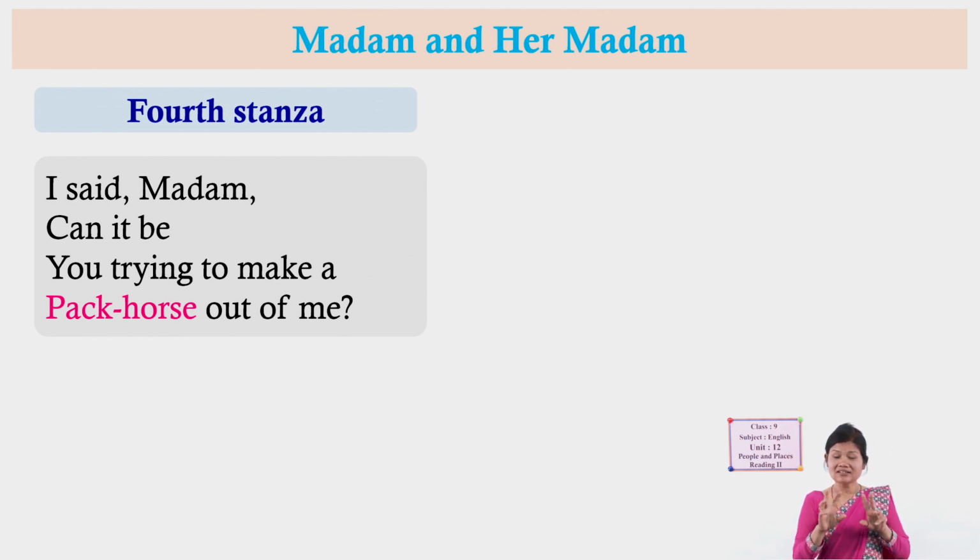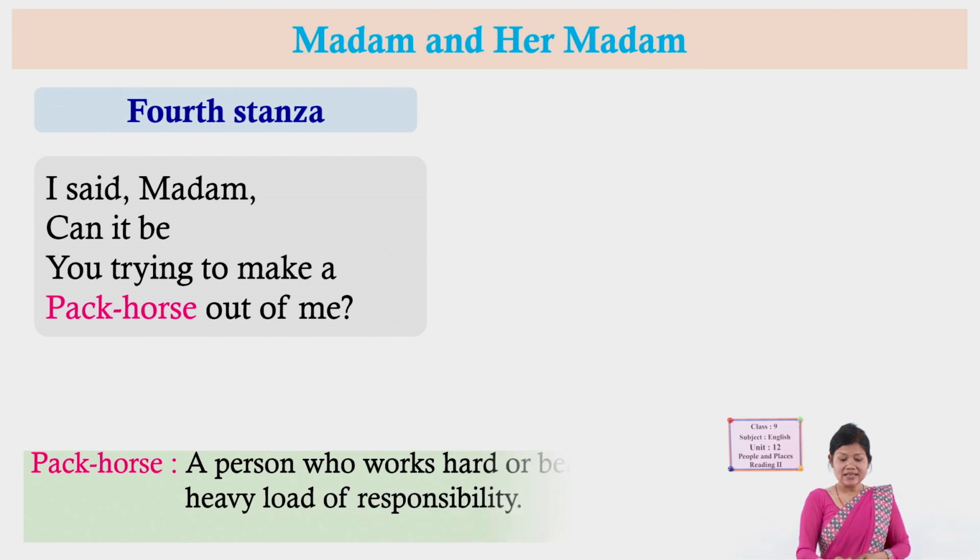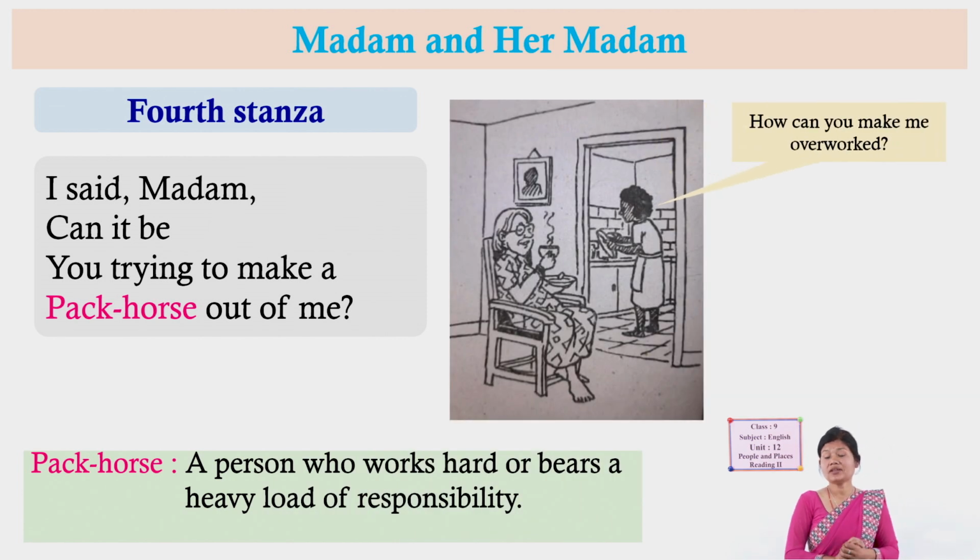There are two madams, as the title says, Madam and Her Madam. This madam means the servant. What is she saying? She is saying to her mistress, how can you make me overworked like this? I am a single person, and how can you expect this much work within a day from a single person? Is it possible? Are you trying to make me a pack horse?